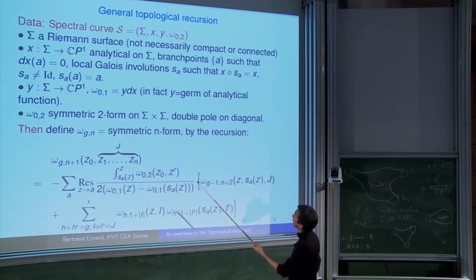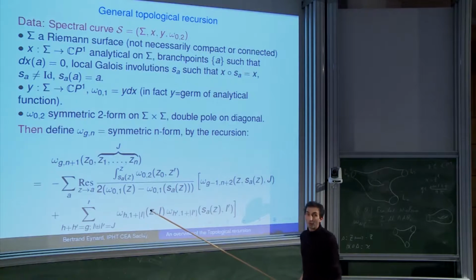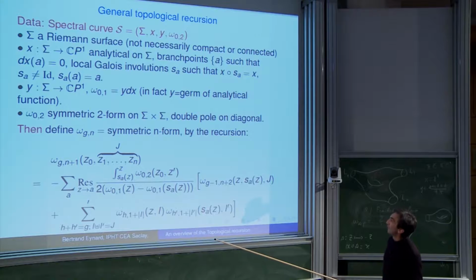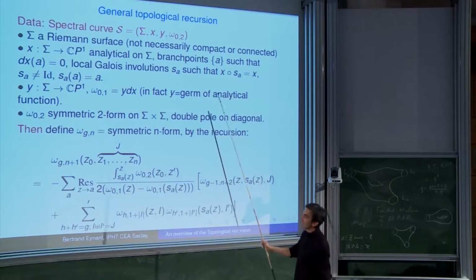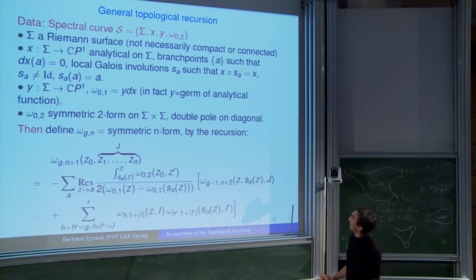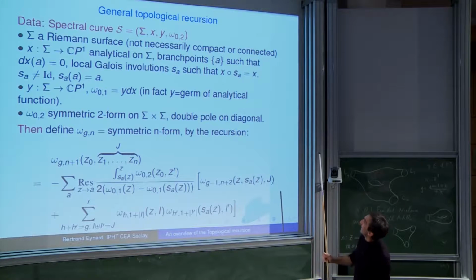There are many other ways, and I think more or less everyone who has used this recursion has written a different definition. Even myself, in my different papers I use different definitions. But well, this is one.